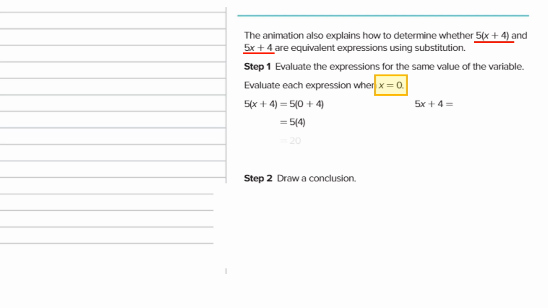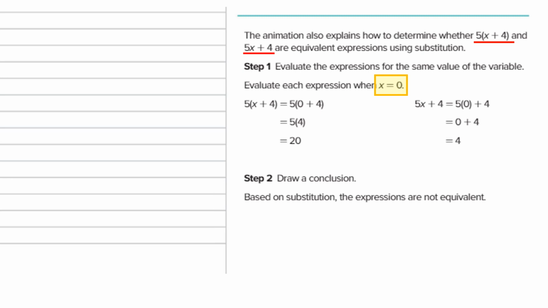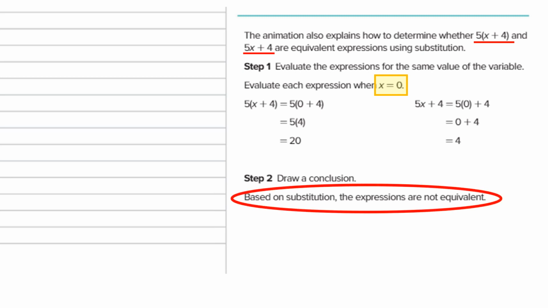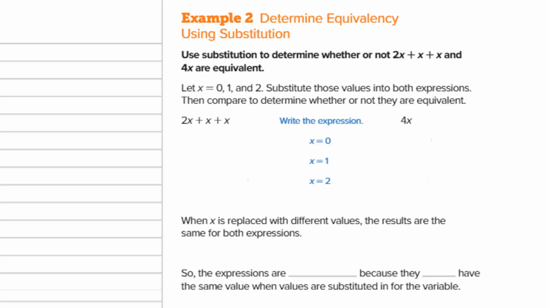Okay, easy enough. 5 times 4 is what? 20. What if I plug in the 0 for the x on the second expression? Well, I then have 5 times 0 plus 4. And 5 times 0 is 0, plus 4 is 4. So our conclusion has to be that these are not equivalent.